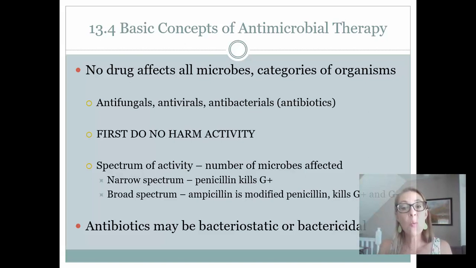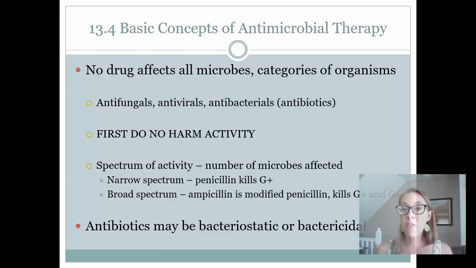Well, the cell wall is exposed in gram-positive cells, and so penicillin can effectively inhibit gram-positive cells much, much better than gram-negative cells. Gram-negative cells, you'll recall, have an outer membrane that protects their peptidoglycan from exposure to that penicillin compound.